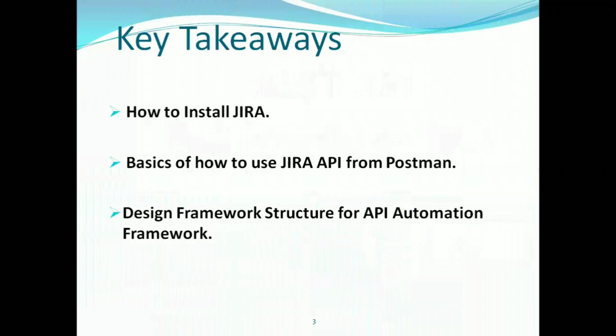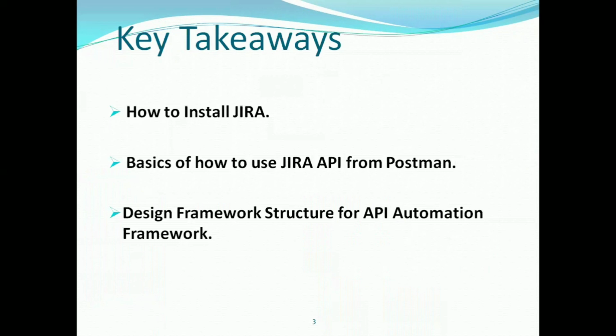What are going to be the key takeaways from this session? I'm going to try my best to cover all three topics in this session. The first one is how to install Jira. We will have to download the Jira server, and this session would cover that. You will also understand how to use the Jira API.